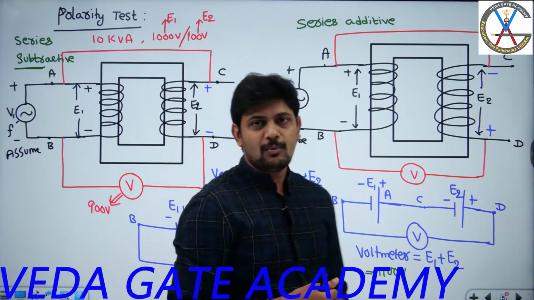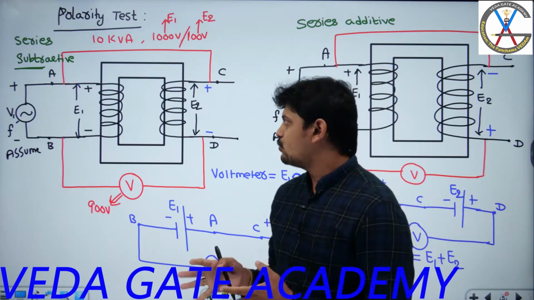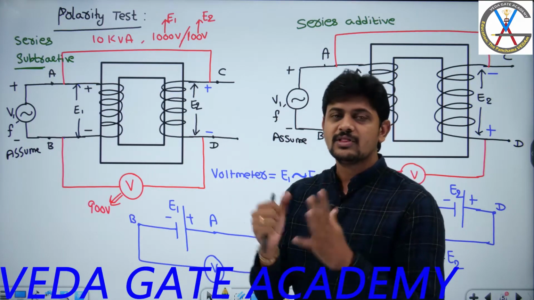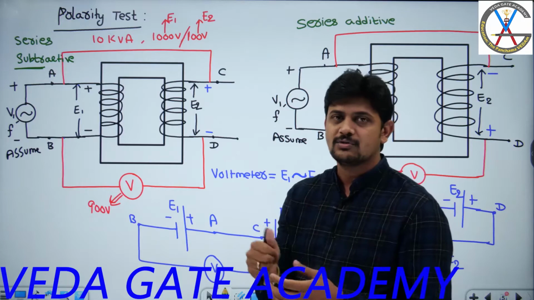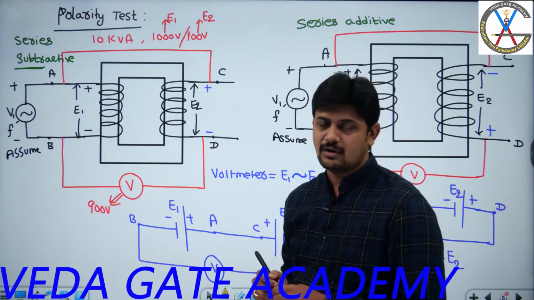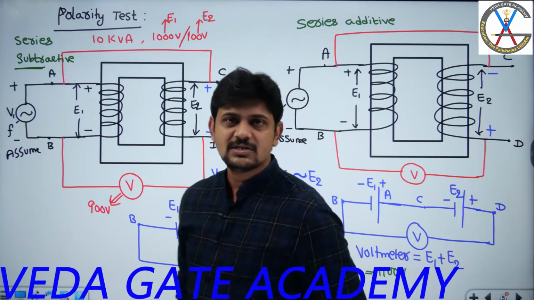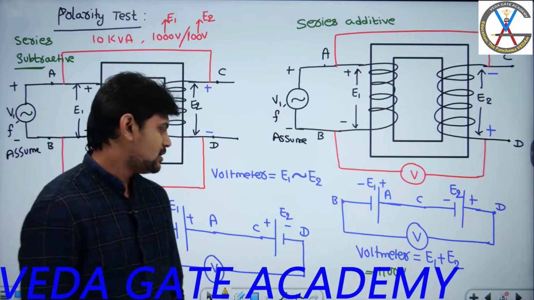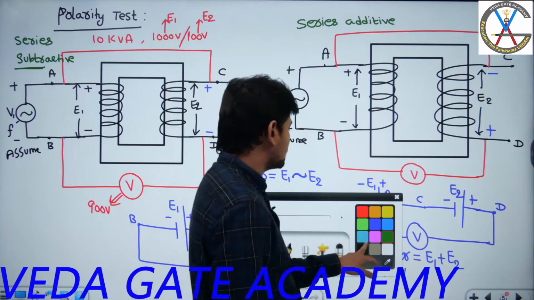Now once we conduct a polarity test, what we will do is indicate with dots rather than indicating positive and negative. On the transformer terminals, we are going to indicate with dots. So the dot convention is generally used during this polarity test. What is the meaning of dot convention?